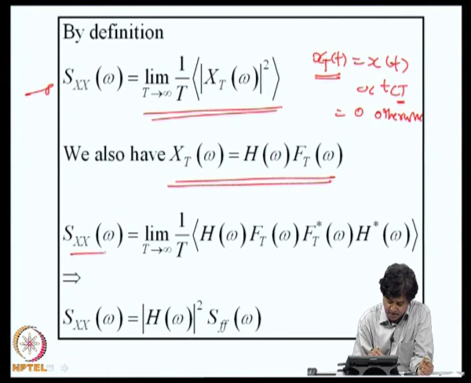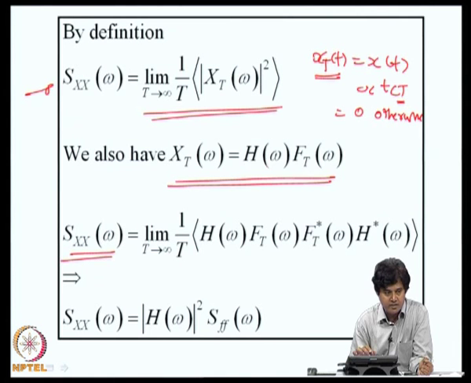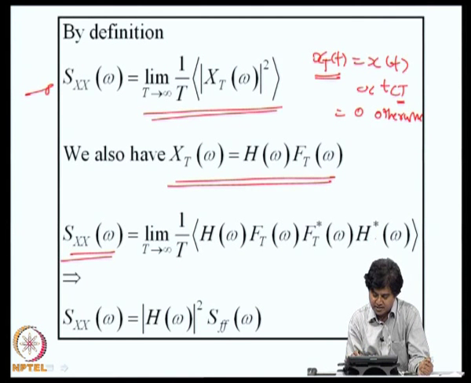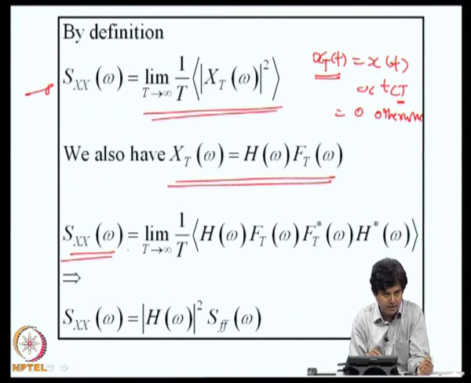Using this, I can now construct the expression for the power spectral density function of the response, and this is what I get. H of omega is the frequency response function of the system. So, here we have H of omega into H star of omega, which becomes the modulus of H of omega whole square, and I have F_T of omega into F_T star of omega, limit T tending to infinity 1 by T. H of omega is deterministic, therefore it gets pulled out of the expectation, and what remains inside is nothing but the definition of the power spectral density function of f of t.